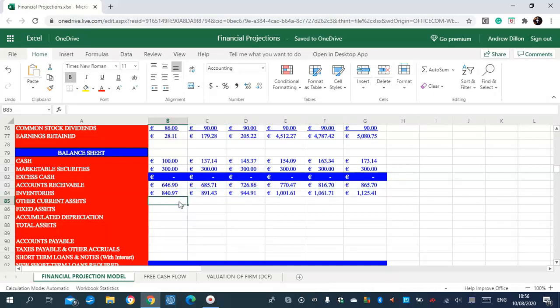Okay, that's inventories finished. Now, other current assets will be the next step in how to find the calculations. So I'll show you how to find the other current assets.